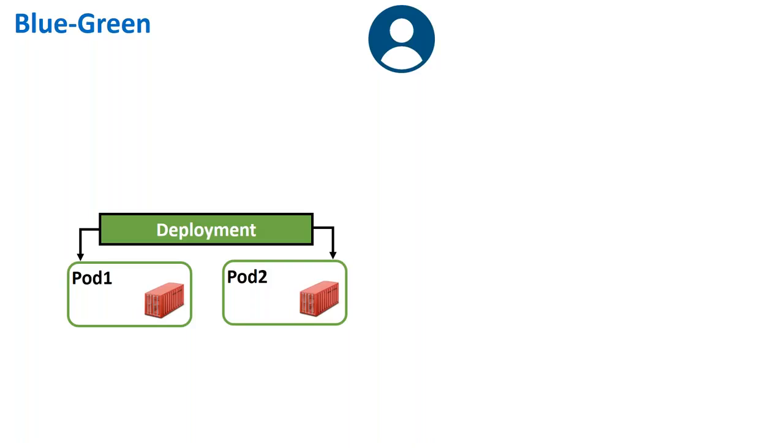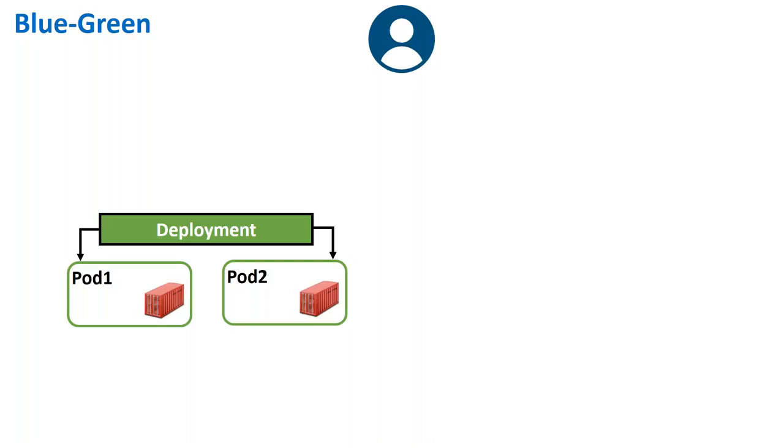In that kind of scenario, you cannot go with either rolling update or recreate. The other method we have is called blue green.